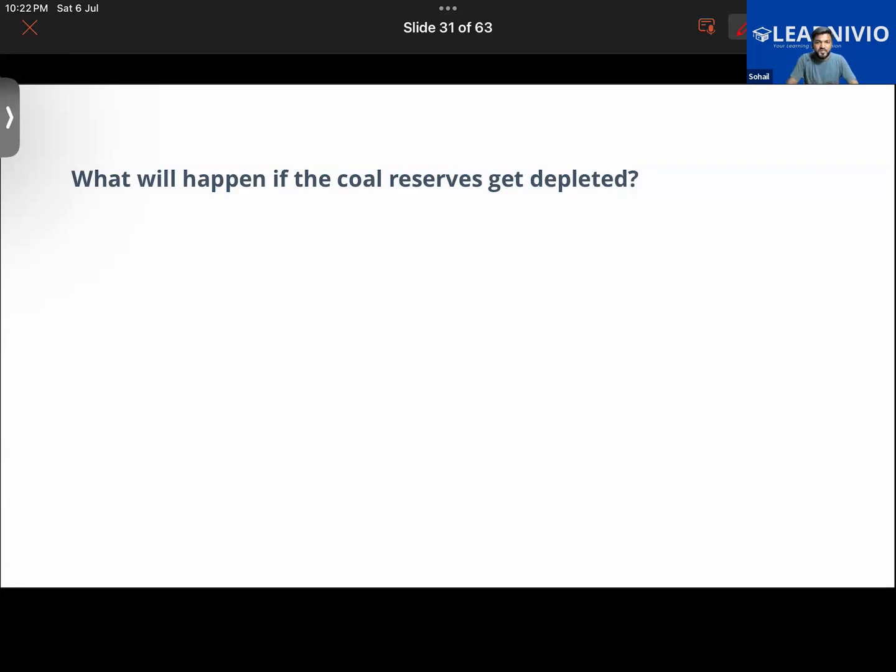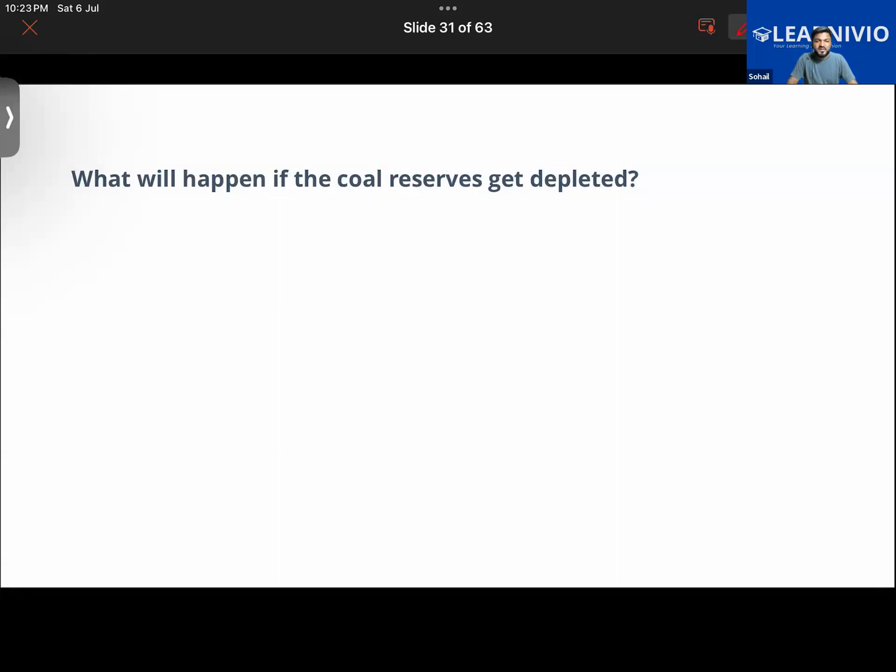Getting it now? Okay. By the way, at the current rate at which we are using coal reserves, it is said that they are enough for the next 100 years. But research says that it will not even last for another 100 years. Yes, sir. It takes millions of years for the formation of coal.